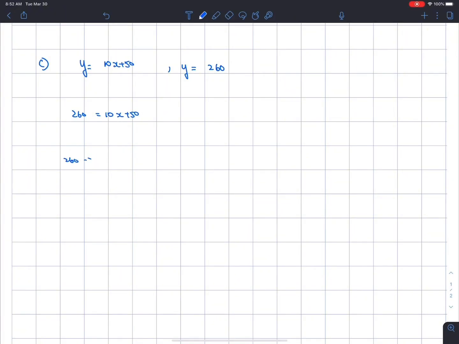I can move the 50 over to the left hand side so the sign changes. 260 minus 50 is 210. And now we can just divide both sides by 10. And we get x equals 21. So this will be 21 minutes. And that's it for question 1.